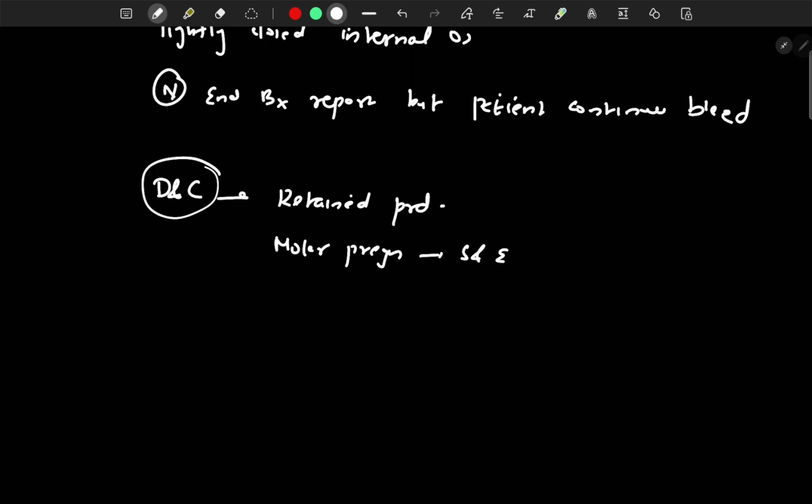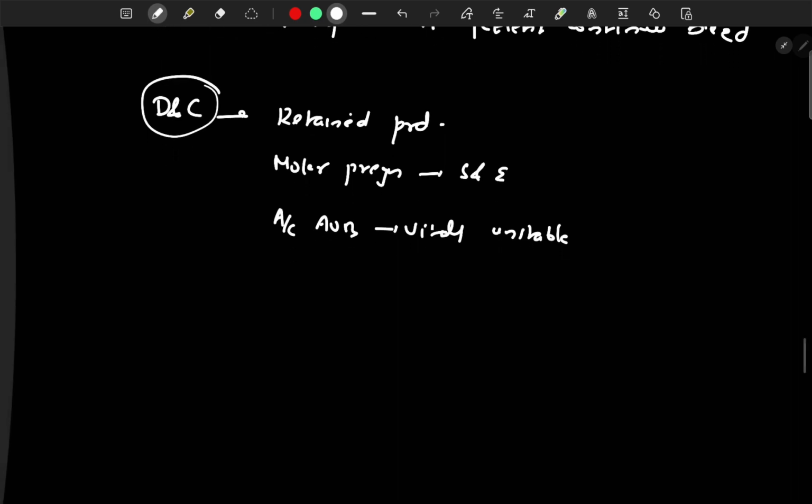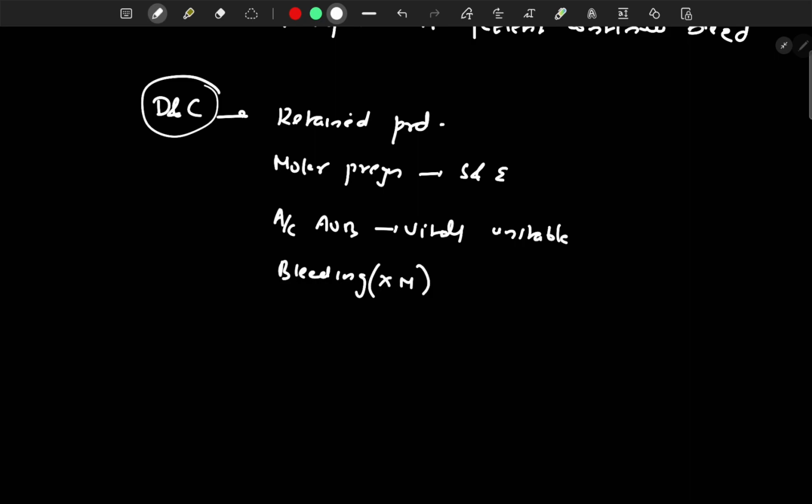If this is not possible, we can do a therapeutic dilatation and curettage. Then in a patient having acute atypical uterine bleeding with unstable vitals, we can do a therapeutic DNC. Also when the bleeding is not responding to medical management. So these are the indications for therapeutic DNC.